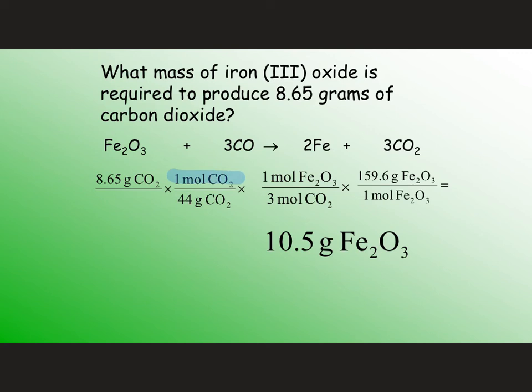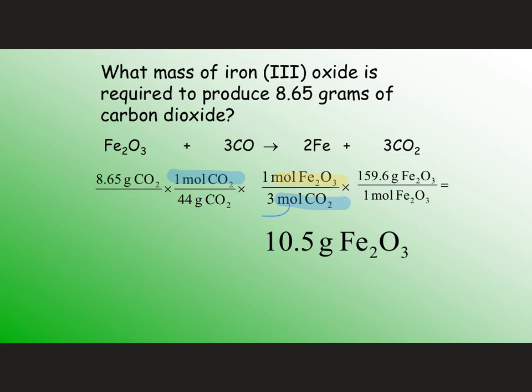So if that's what's on the top, I will automatically bring moles of carbon dioxide to the bottom. Now that I'm finally in moles, this is my chance to convert to a different substance, my mole ratio. The question becomes, where do I get the numbers to use for the conversion factor? And when you're in the mole ratio, and only in the mole ratio, the answer is from the balanced equation.